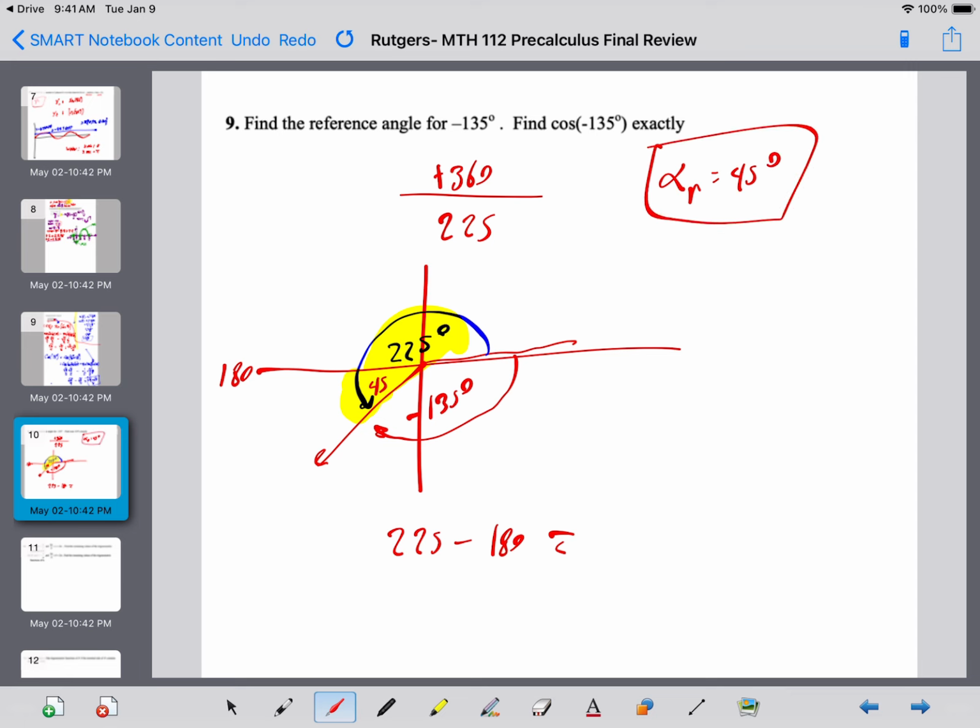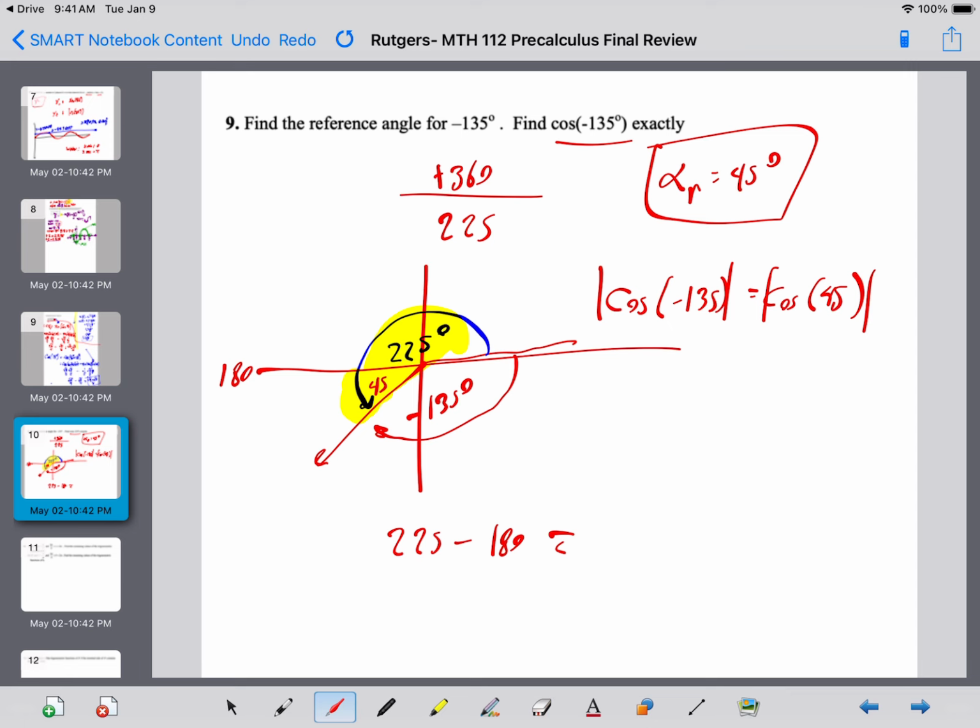So then it says find cosine of negative 135. We know it will have the same numeric value as the cosine of 45, but we have to consider the sign. So the absolute values would be the same.